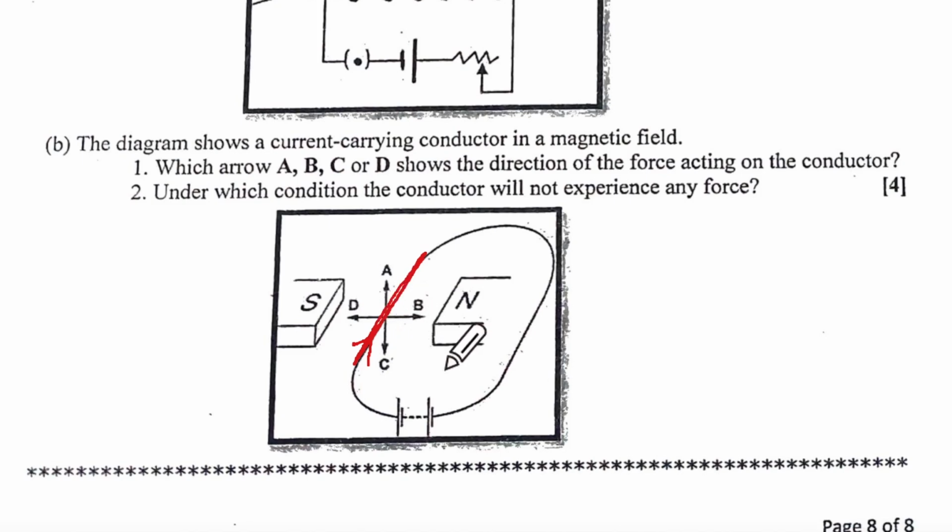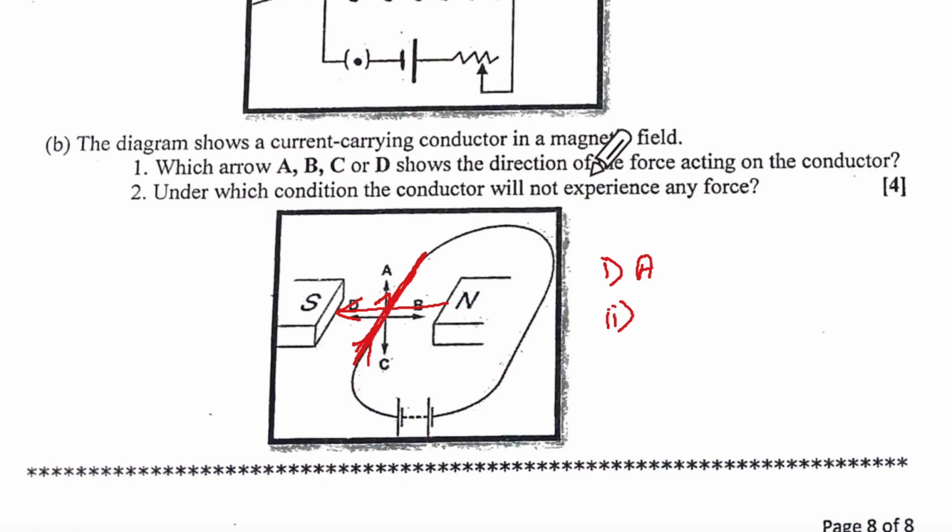So north to south, A. Can you see this one, A? The magnetic field is going this way. So this is your forefinger, correct? The current is going into the plane of the paper. So the center finger is going into the plane of the paper and the thumb is up. So what is the first one? A.